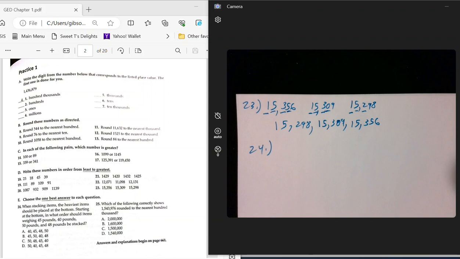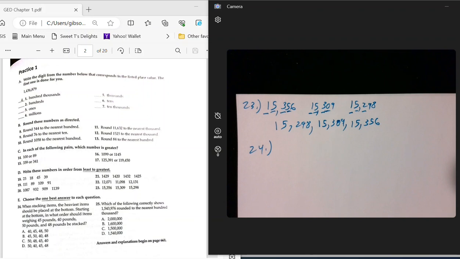So we go here, it says when stacking items, the heaviest item should be placed at the bottom. Starting at the bottom, in what order should items weighing 45 pounds, 40 pounds, 50 pounds, and 48 pounds be stacked?